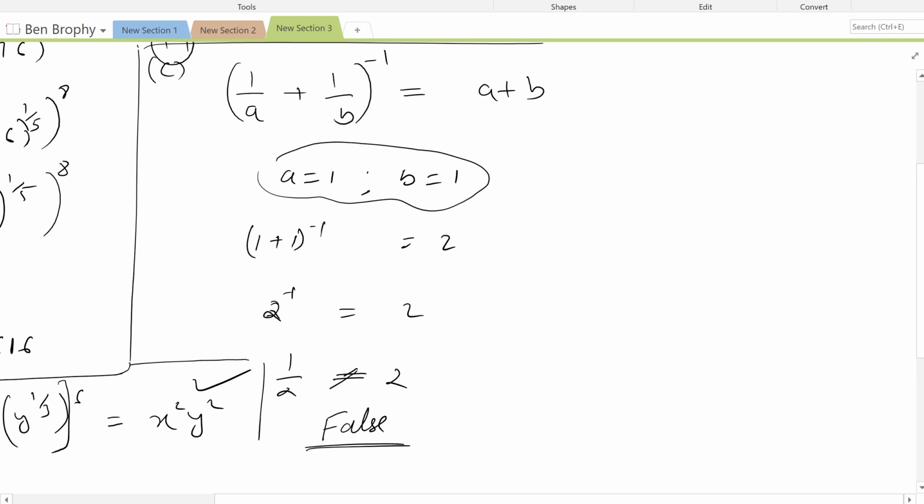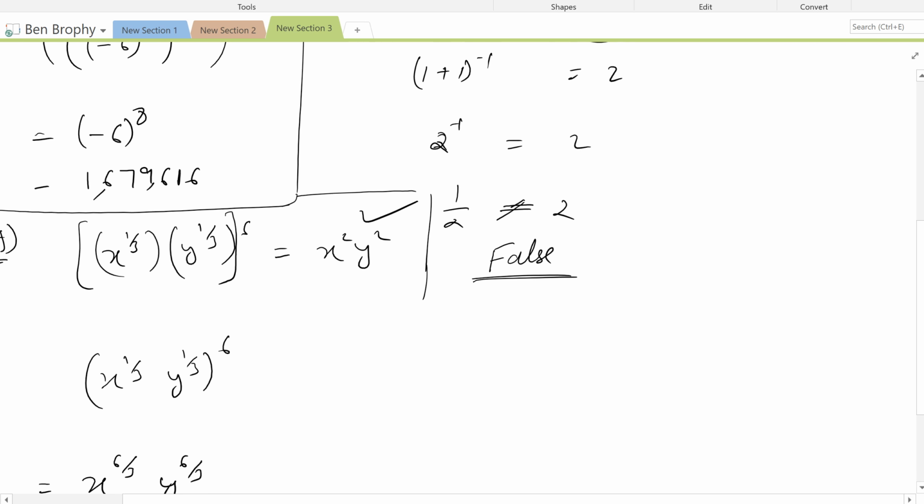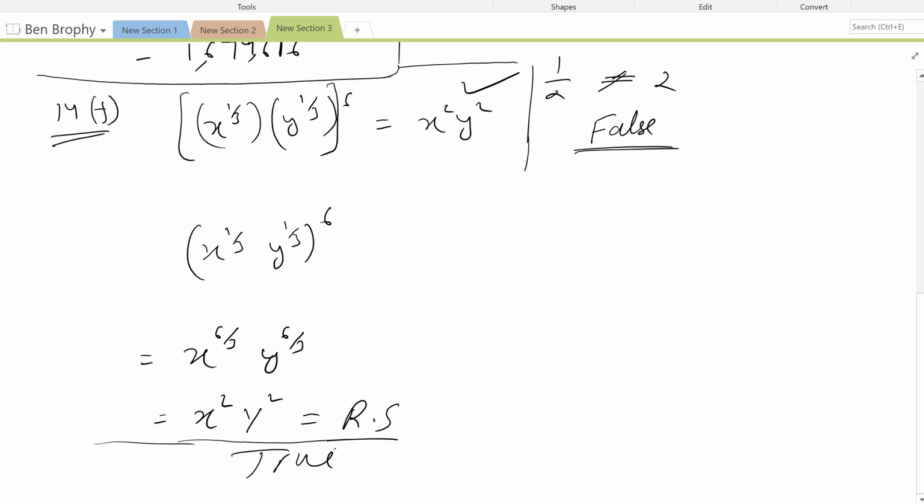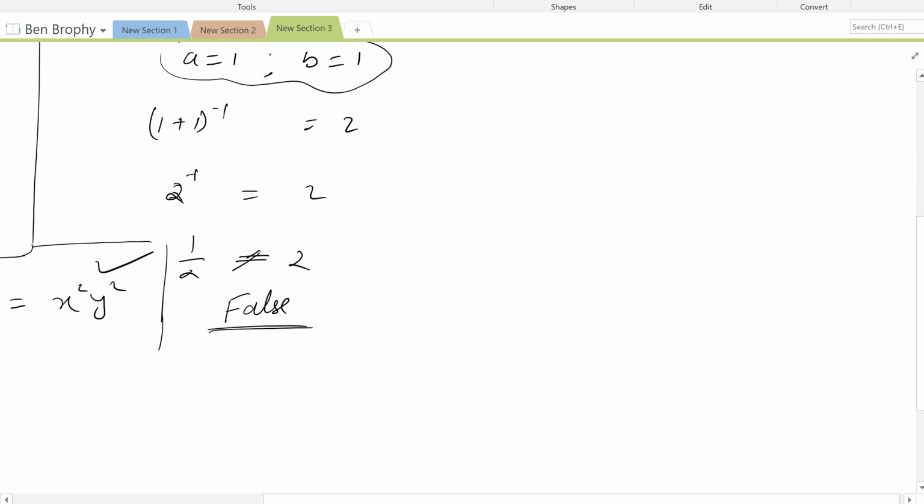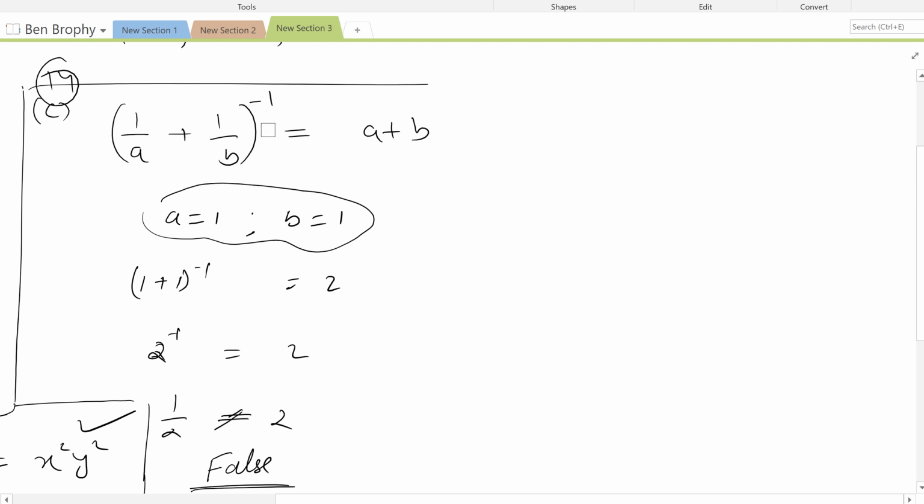Proving false sometimes is trickier than proving that they are equal. When you have these kind of relations, this negative 1, you cannot foil it unless it's a multiplication. If there's anything adding in the brackets, you're supposed to add them first, but you can't add that obviously.